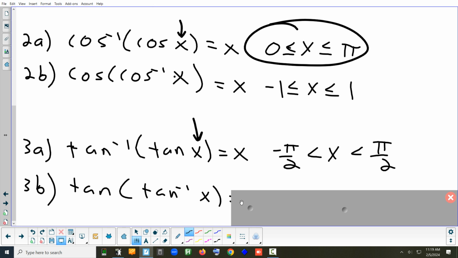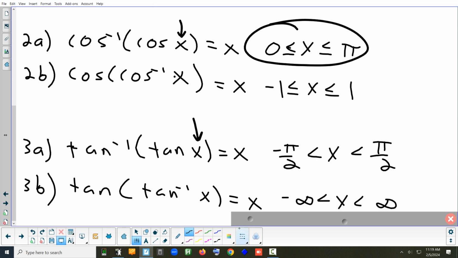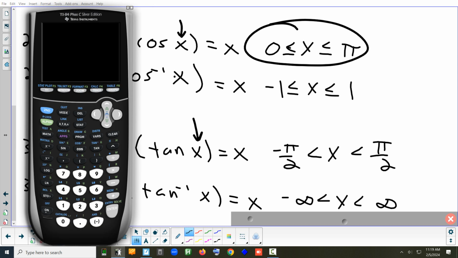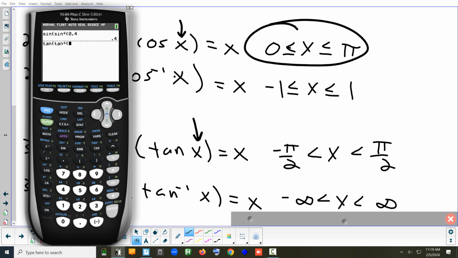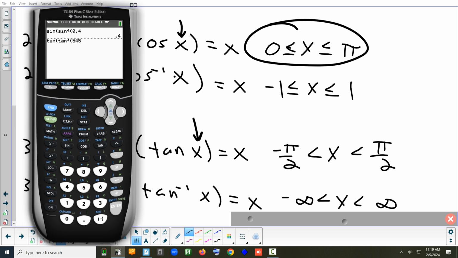Okay, how about the bottom? The tangent of the inverse tangent will cancel each other out as long as x is between what two numbers? It's all real numbers. So if you see a problem like tangent of inverse tangent, you don't even need to think. Whatever they put in the parentheses after it, they're always going to get the same thing back.